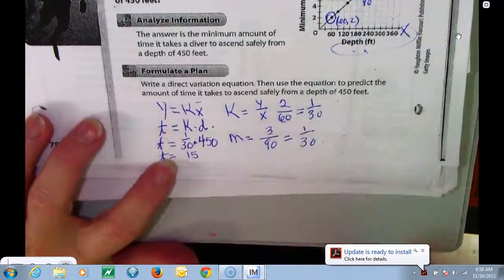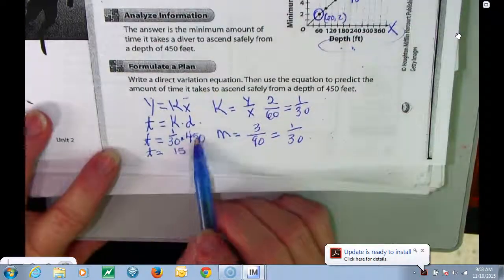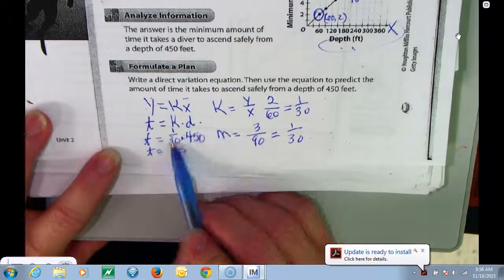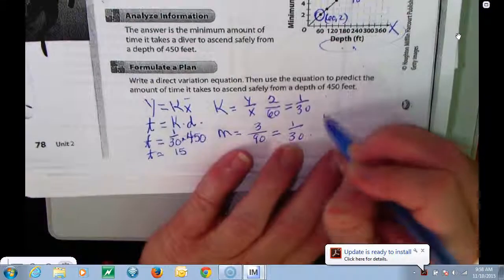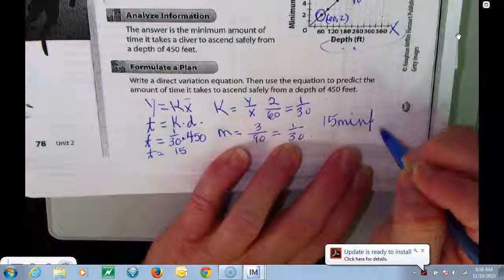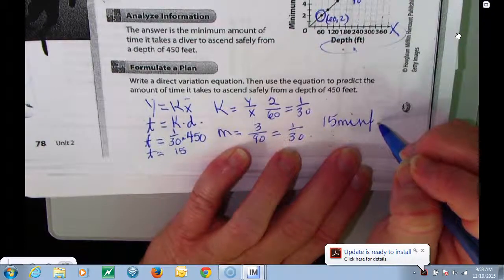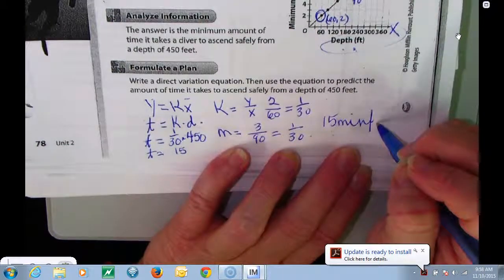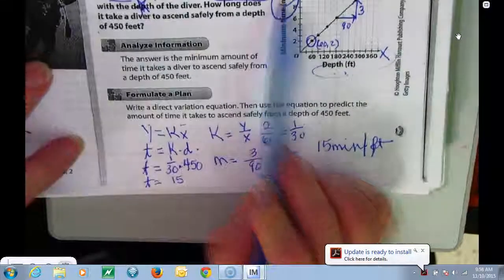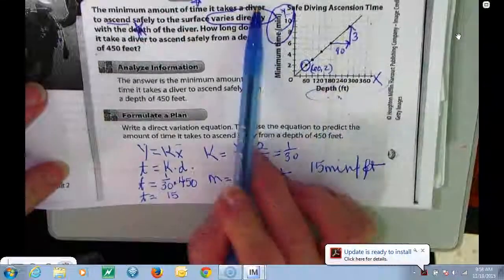Good girl. 15. Guys, 450 divided by 30. That's all I did. So, our answer is 15 minutes per foot. Guys, remember minutes per foot. Okay, turn the page.